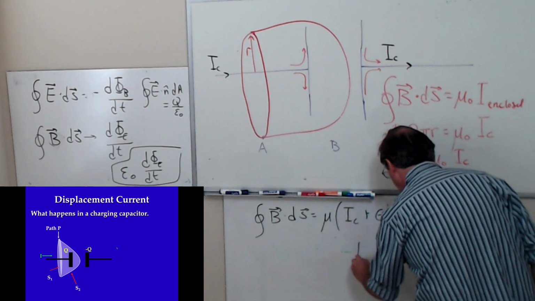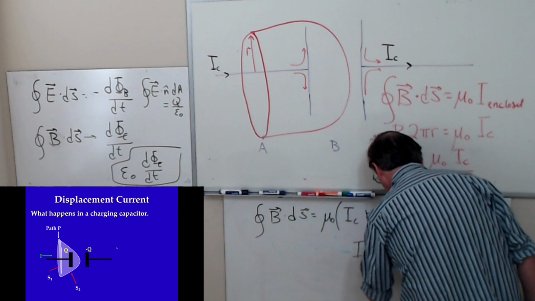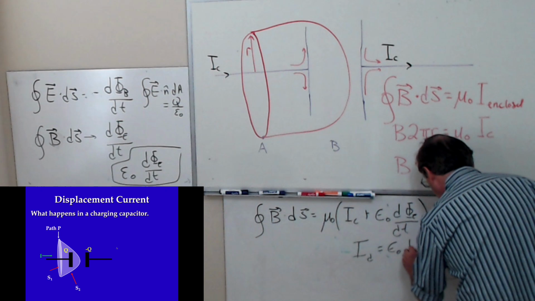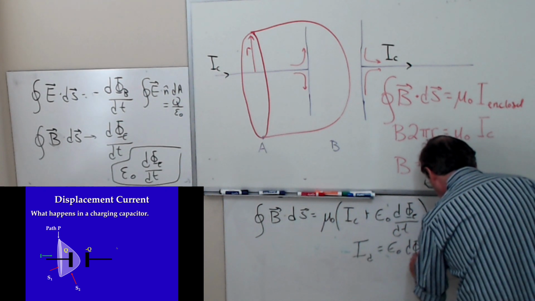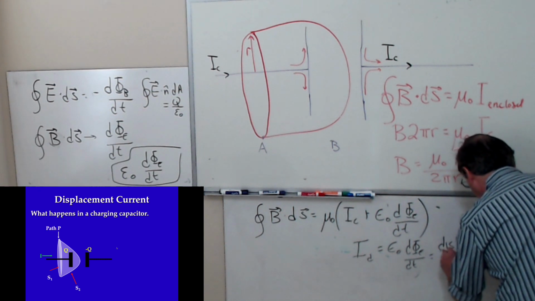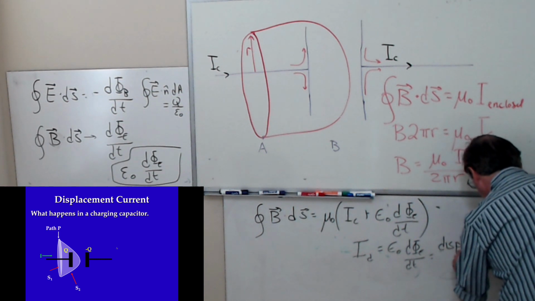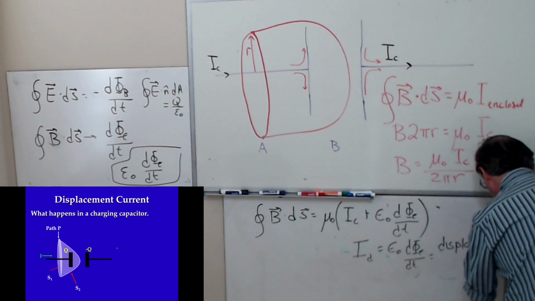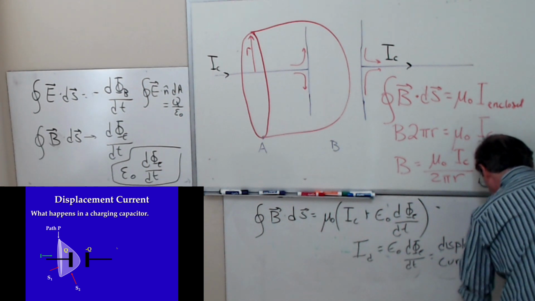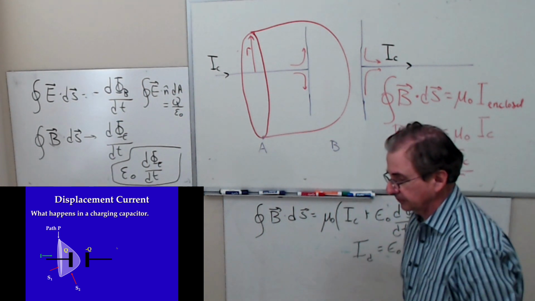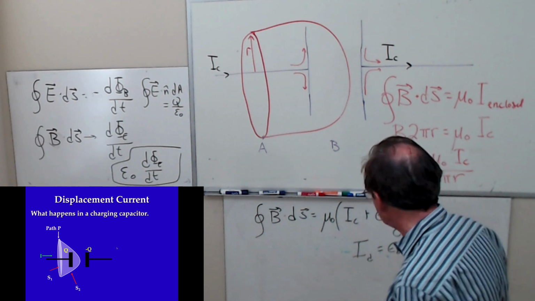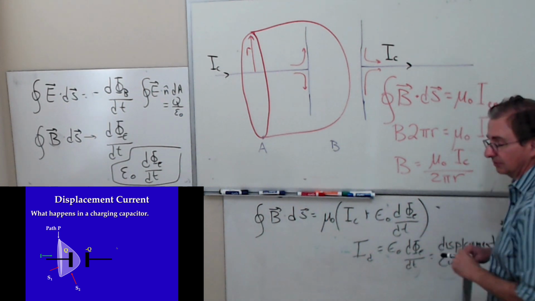And he called this term I sub d, the displacement current. Not a good name, but okay, and so this solved the problem.